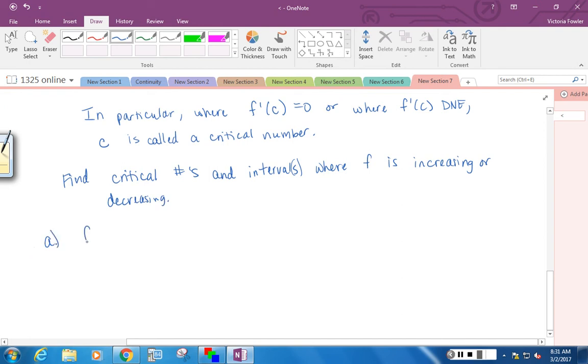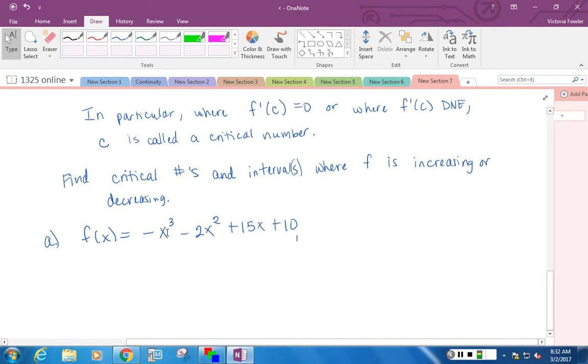First example, the function f of x is equal to negative x cubed minus 2x squared plus 15x plus 10. Okay, so I'm supposed to find critical numbers, and I need to find where f is increasing and decreasing. But I just found out that critical numbers are where my derivative is equal to 0 or where it doesn't exist.